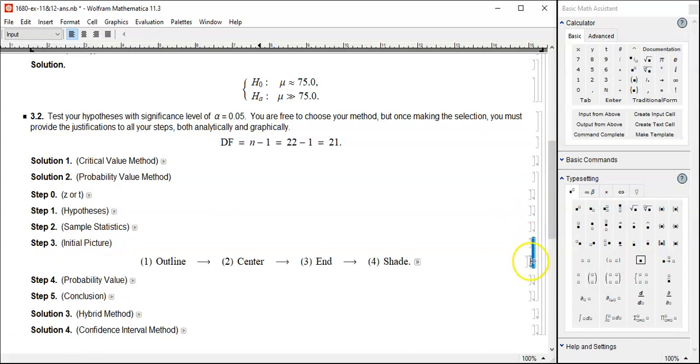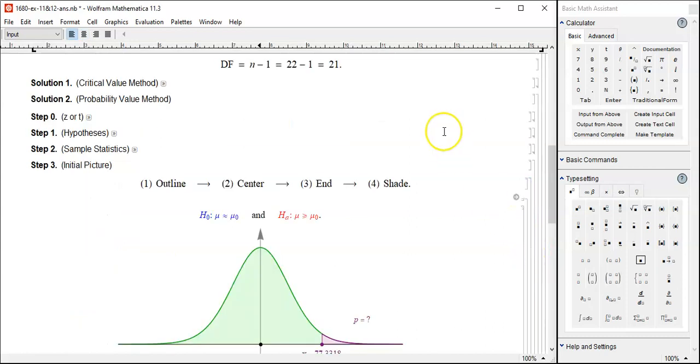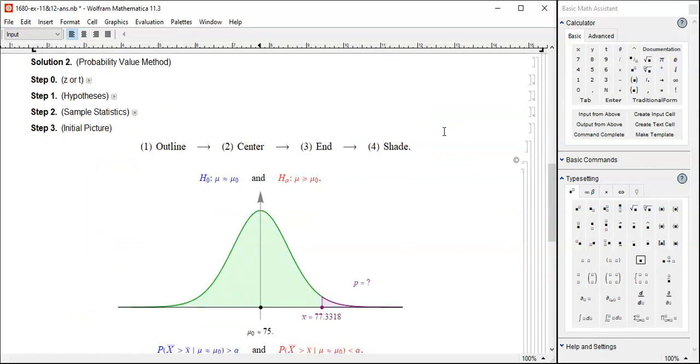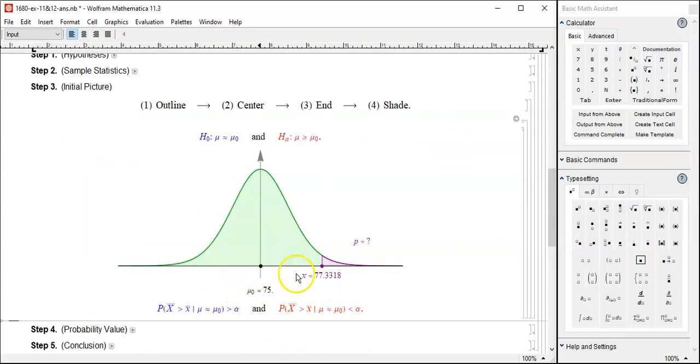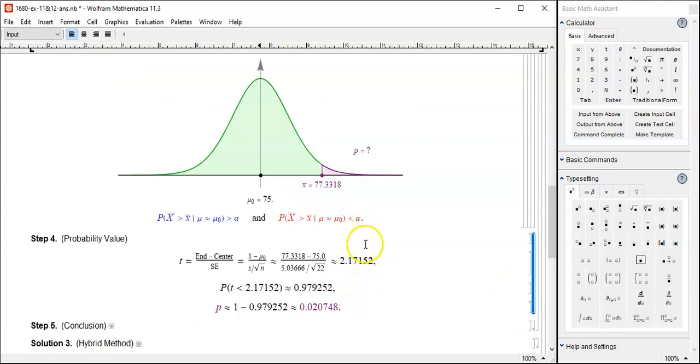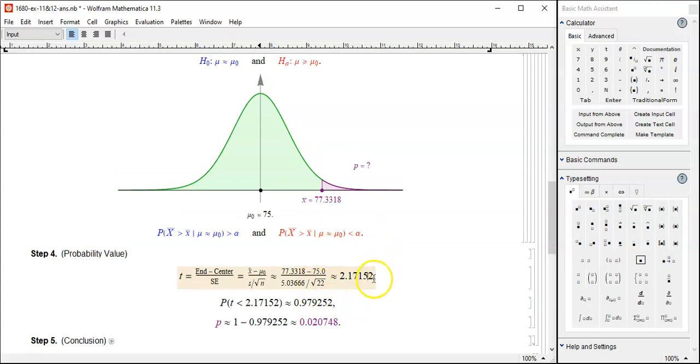So here's the initial picture. Outline, center, end, and shade. Center is 75, and then here 77.3. Okay, that's the observed mean, and then you're looking for this p-value. How to calculate this p-value? All right, t-statistic, x-bar minus center over SE, and we got that. But now it is the hard part.